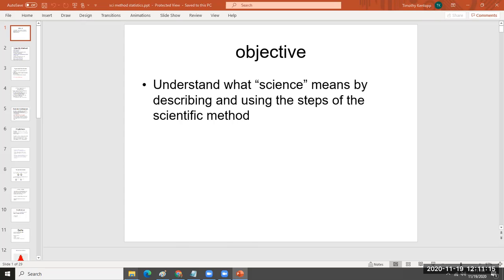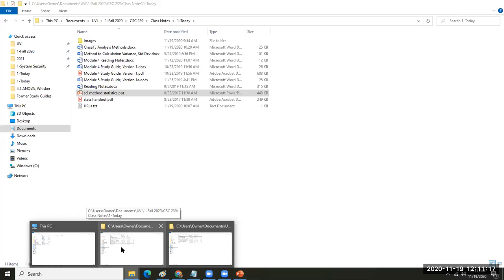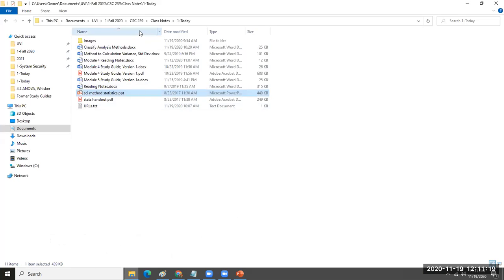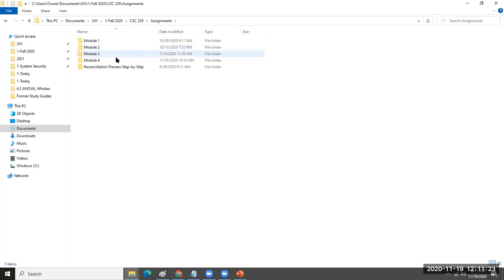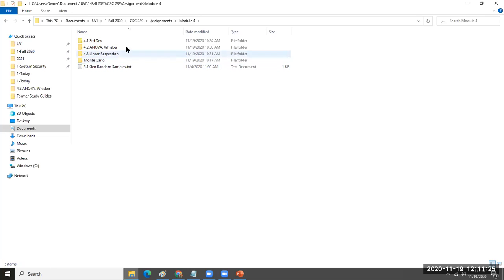We do have a number of assignments. So we have 3 assignments basically. We have one that concerns standard deviation. So we're going to have a short review and some related resources, and then an assignment where you perform standard deviation.